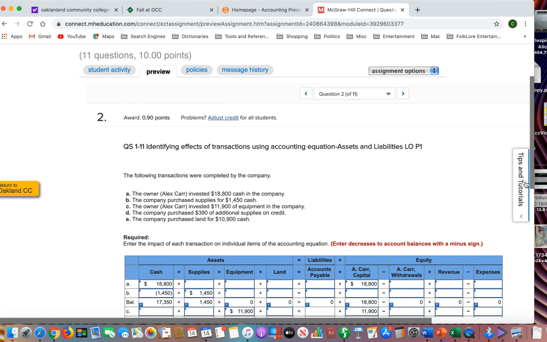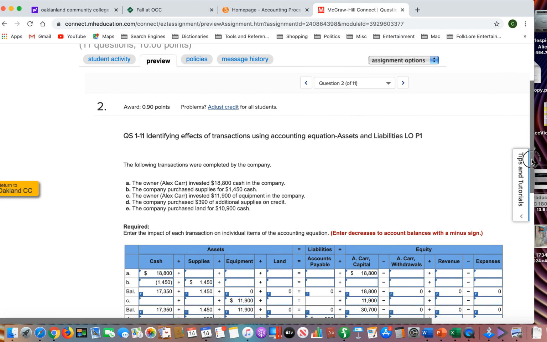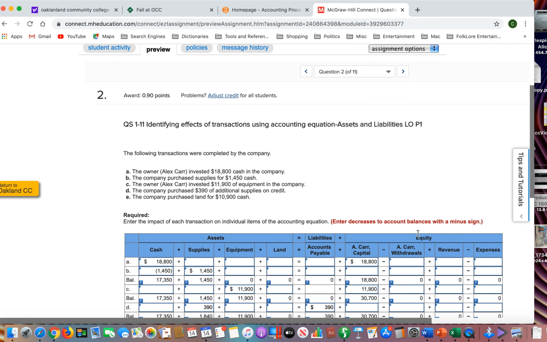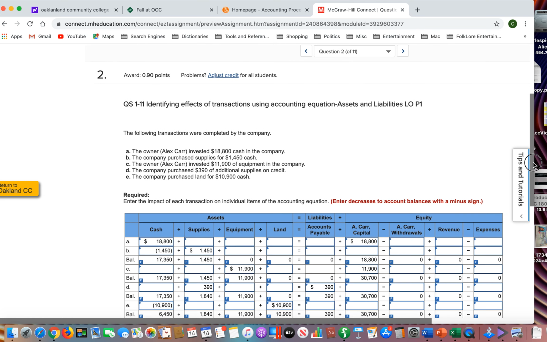Okay? So there's a total investment of $30,000. The cash he invested plus the equipment. And then purchase $390 of supplies on credit. So supplies go up by $390, and so does the debt, $390. And purchase land for cash. Land went up and cash went down.